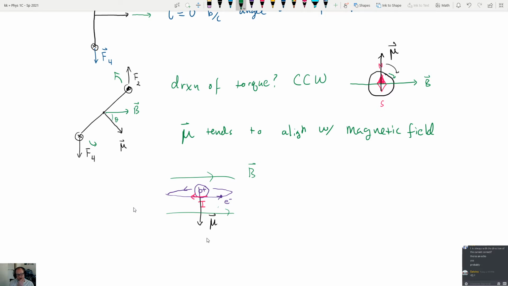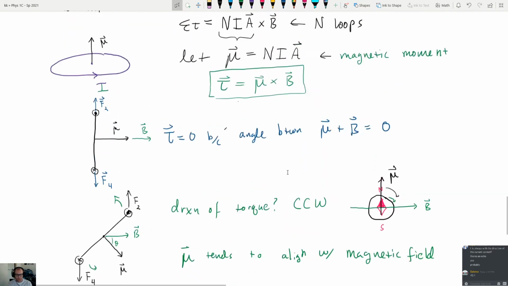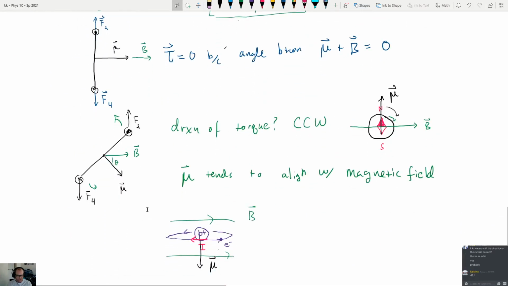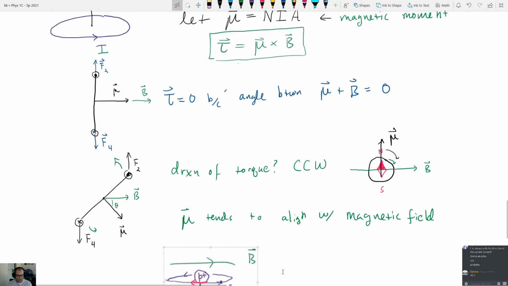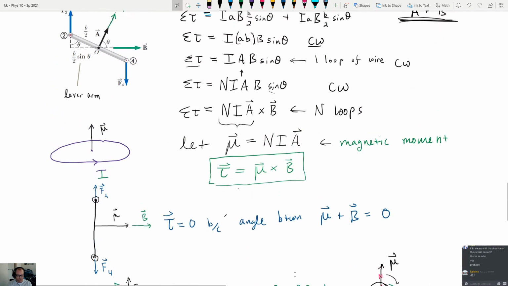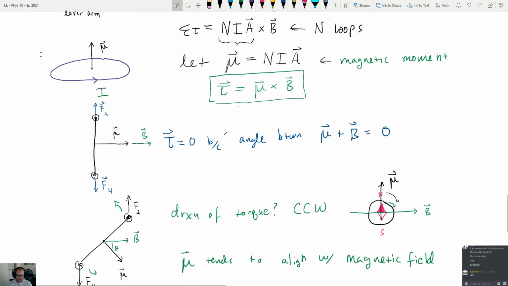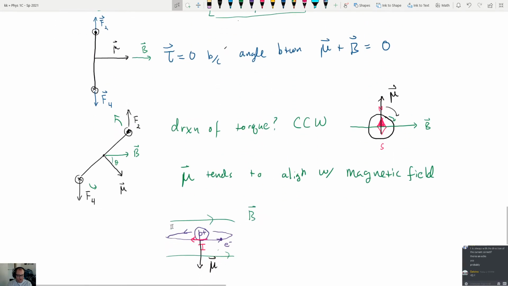So, let's solve some problems with this. We're right at the cusp of seeing how electricity and magnetism are connected with each other, because we've introduced magnetic fields, and now we've figured out that loops of wire tend to interact with magnetic fields.